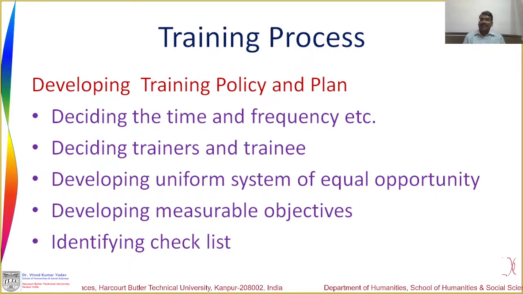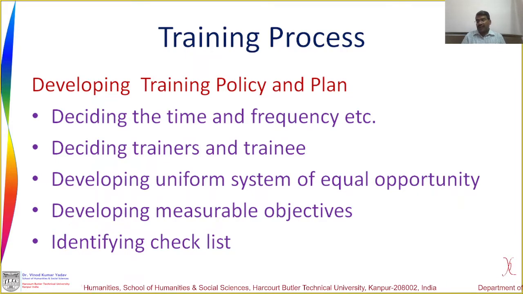It is not that someone is close to the manager or someone is close to GM or DGM, so that person is nominated for training, and someone is simply doing the job. So training policy means equal treatment to every employee, nullifying all the pressures, favors, and sources and all those things.